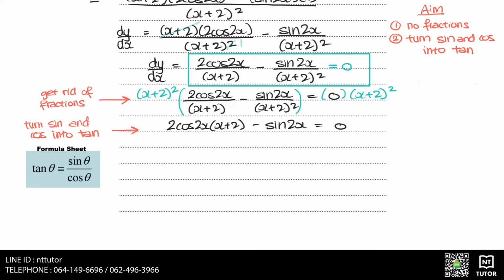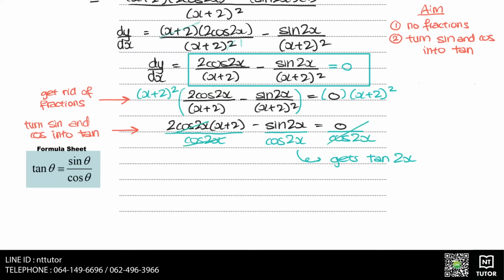We have a sin 2x in the expression, so if we divide that by cos 2x, we will get tan 2x. And what we do with one expression, we need to do with every other expression as well. So we need to divide everything by cos 2x as well.